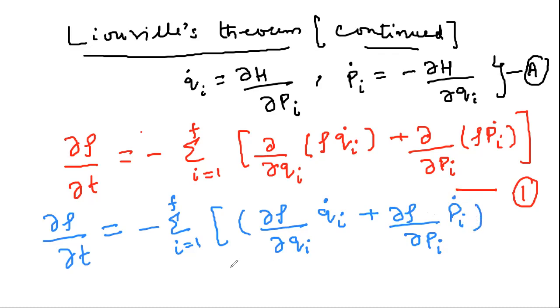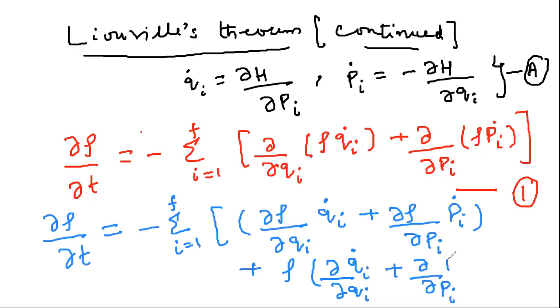Then there is another term in this sum, that is rho times dou by dou qi of qi dot plus dou by dou pi of pi dot.